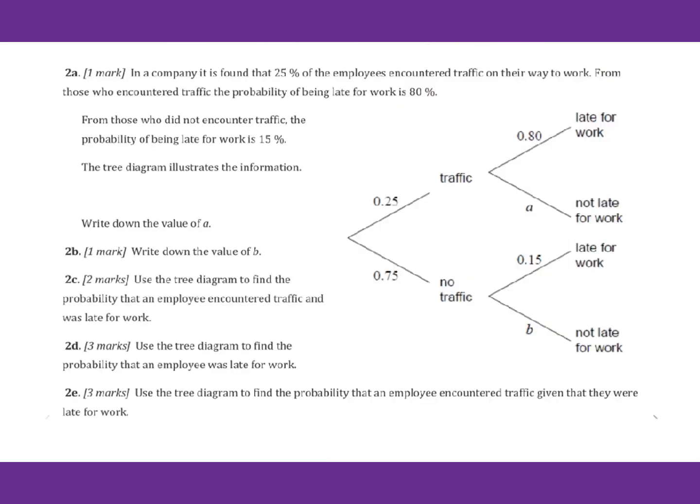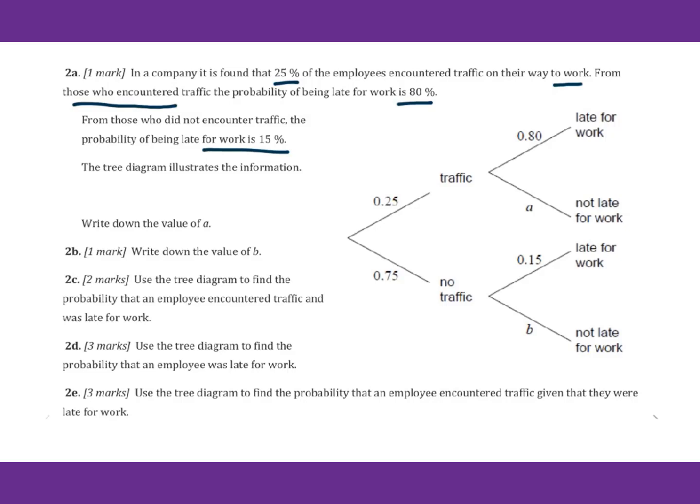Now let's go to 2A. In a company, it's found that 25% of the employees encountered traffic on their way to work. From those who encountered traffic, the probability of being late for work is 80%. From those who didn't encounter traffic, the probability of being late for work is 15%.